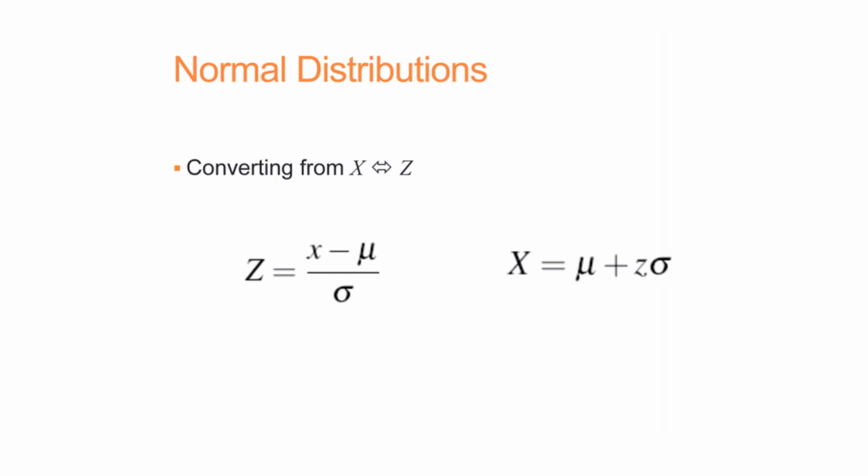On the right, we have the conversion from a z-score back to a general normal random variable x with mean mu and standard deviation sigma. Normal distributions are commonly used in statistics both as an approximation for our sample and, as we will soon see, as an approximation of the distribution of the statistics from a sample.